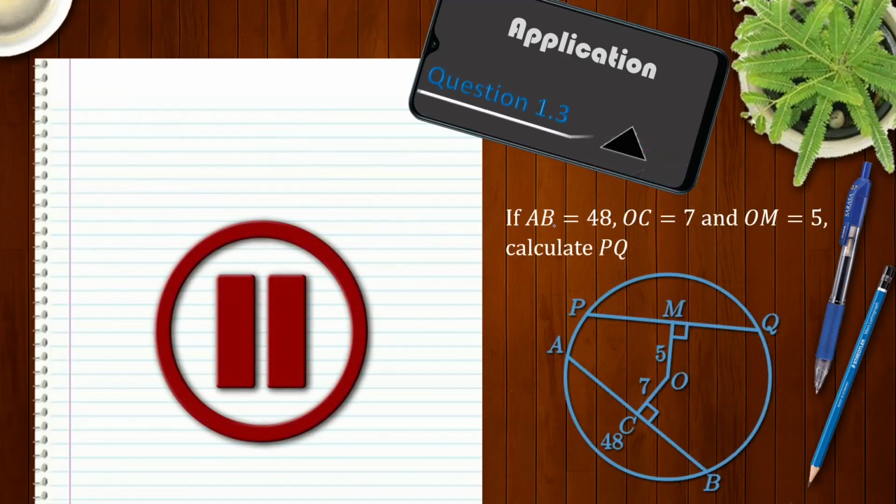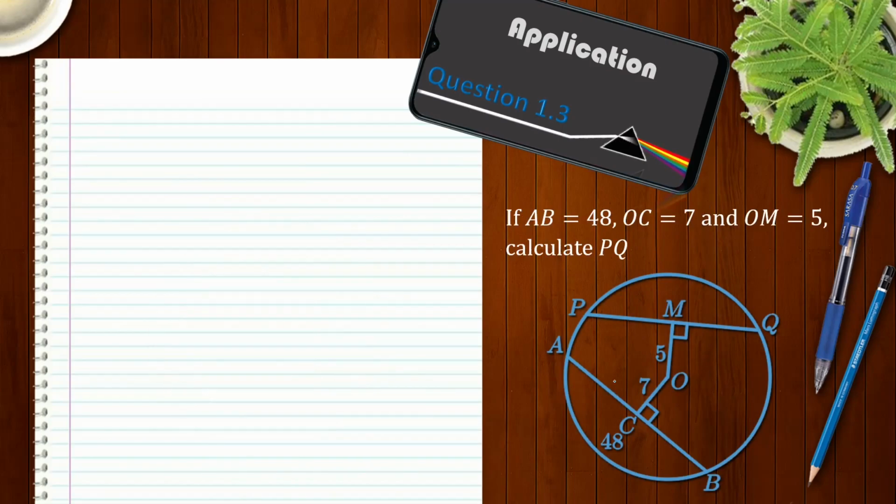Next, question 1.3. If AB is 48, OC is 7, OM is 5, calculate PQ. Okay, now this one is interesting because we have a chord over here and we've got information over here, but we need to kind of work our way through to this chord. And what can be the connection between the two?